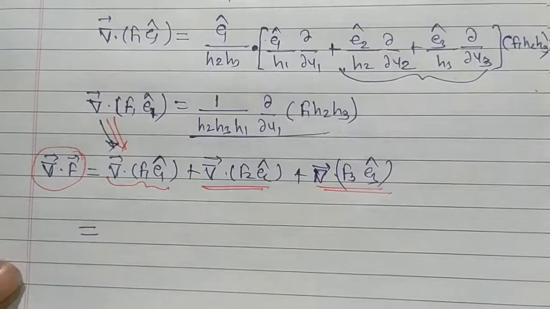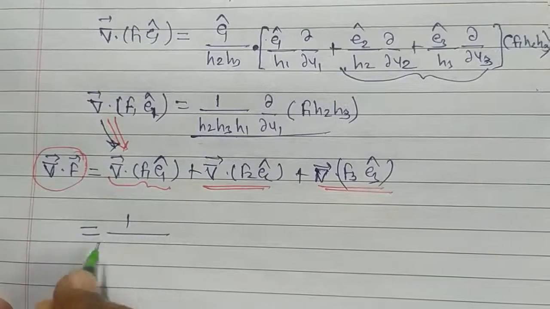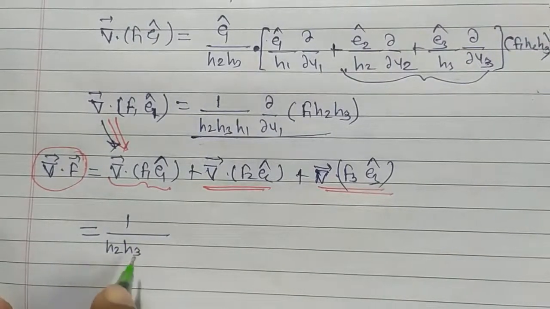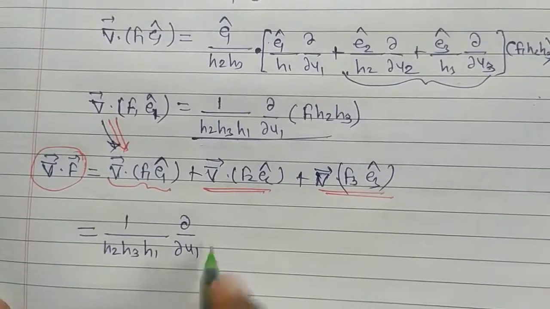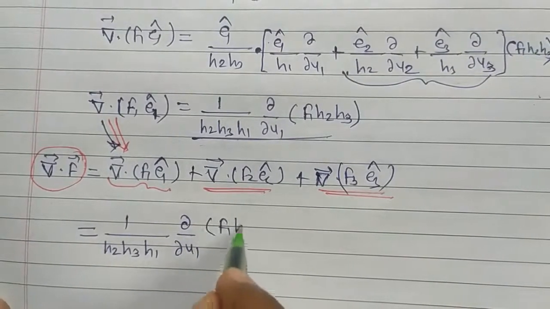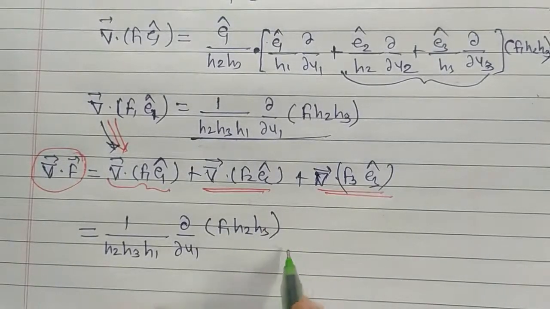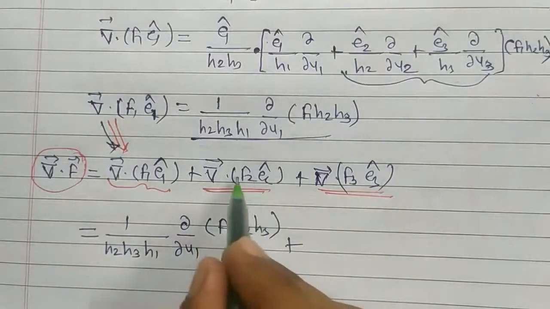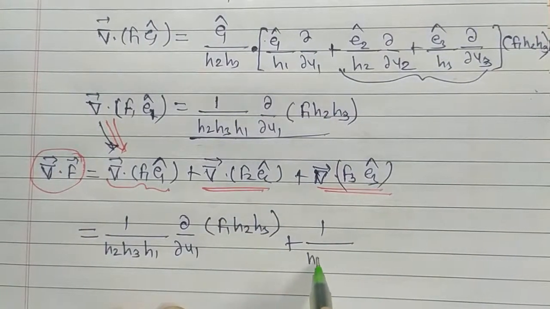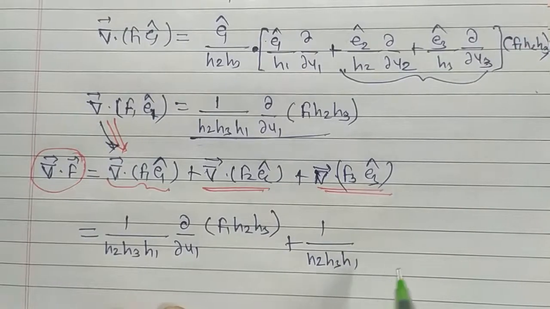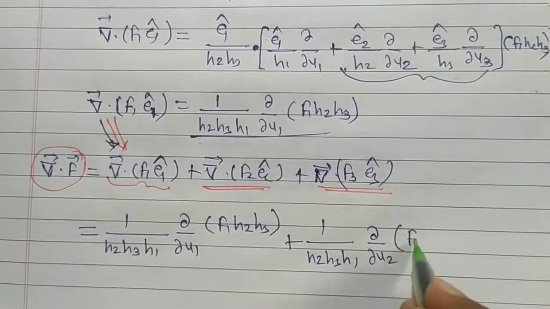So I can write it like this: 1 upon h1 h2 h3 ∂/∂u1 of f1 h2 h3, right? Okay, similarly for this part it will be 1 upon h1 h2 h3 and then ∂/∂u2, then f2.